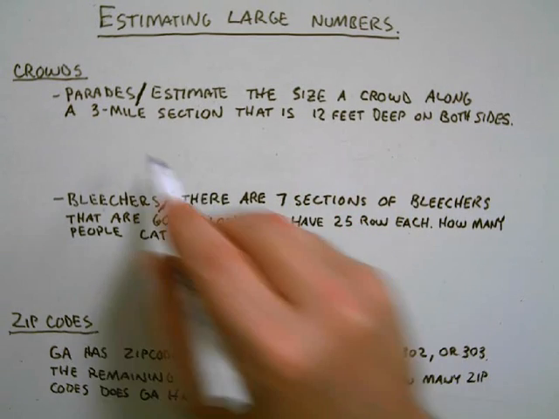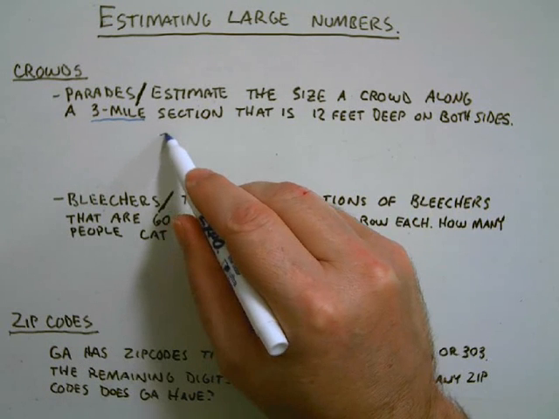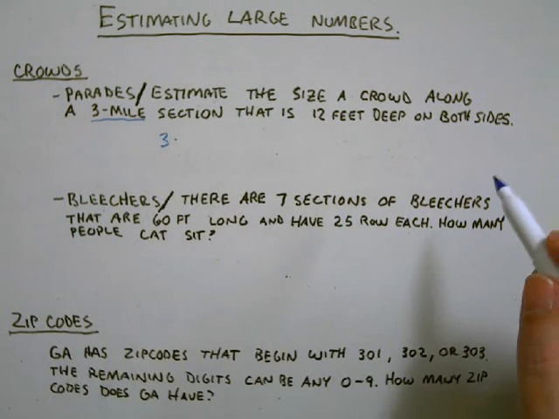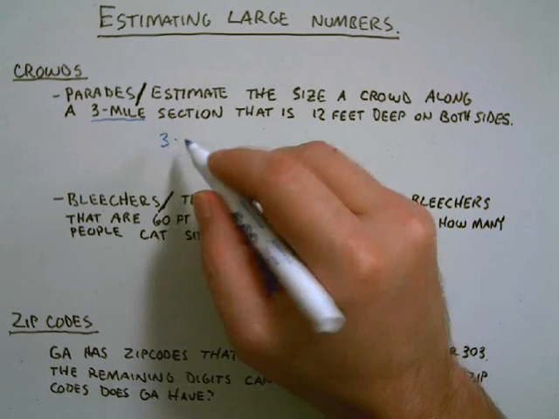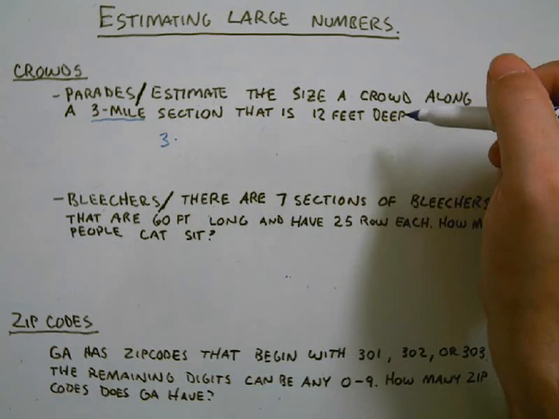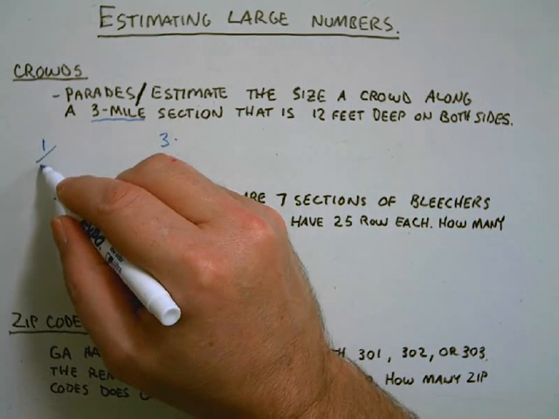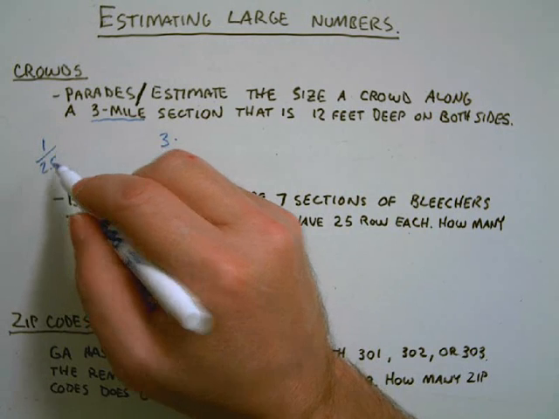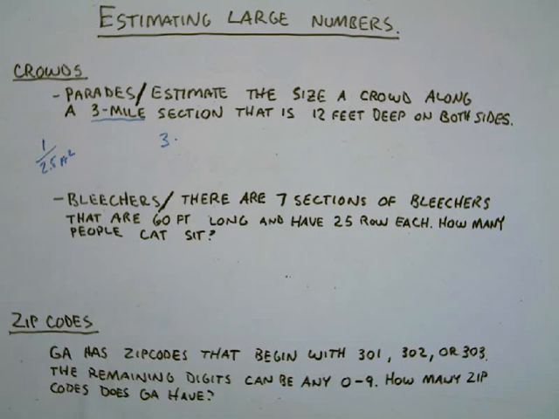So we have a 3-mile long section, so that's 3 times the length of a mile, because we want this in feet, because remember our rule of thumb is one person per 2.5 square feet. That came from the 5x5 square. We fit 10 people in there, so that's really where that came from.